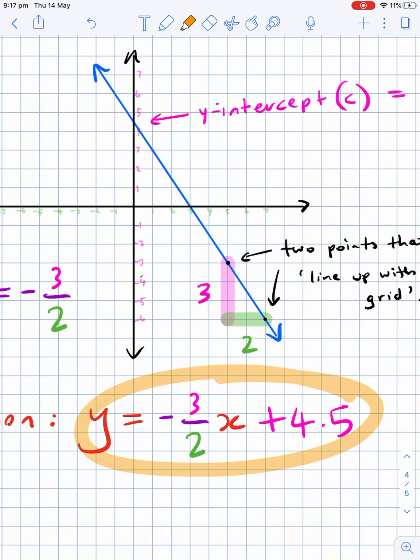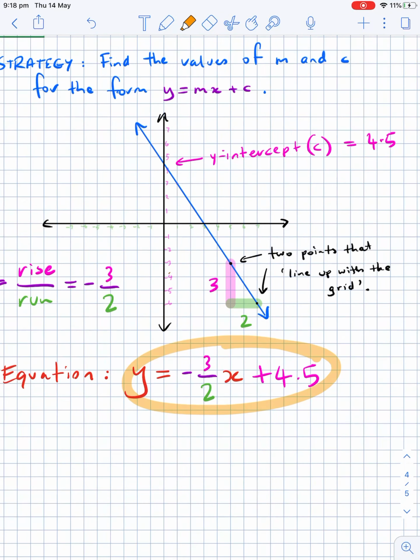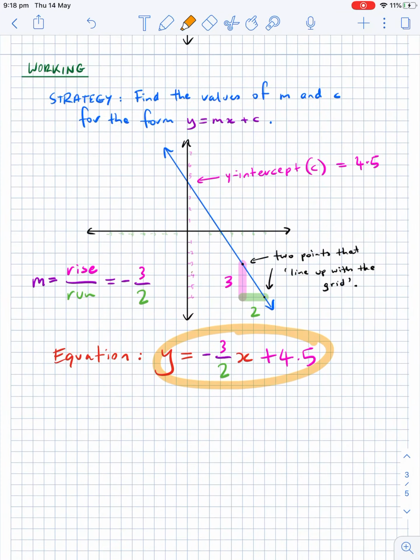I can see the rise is 1, 2, 3, and I can see that the run is 2 squares. So our rise is 3 and our run is 2. And notice how the line is going downhill, so it has to be a negative gradient. So our rise is 3, our run is 2, and then we put a negative in front for our gradient because it's downhill. So that is our gradient, and that is our y-intercept.